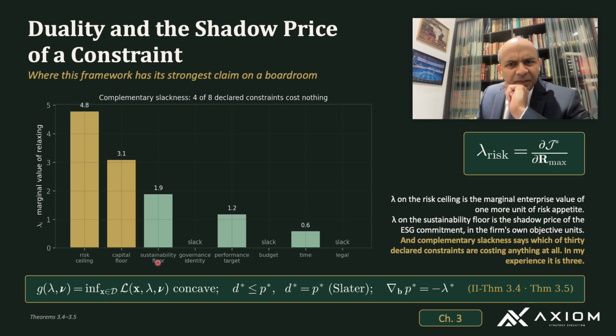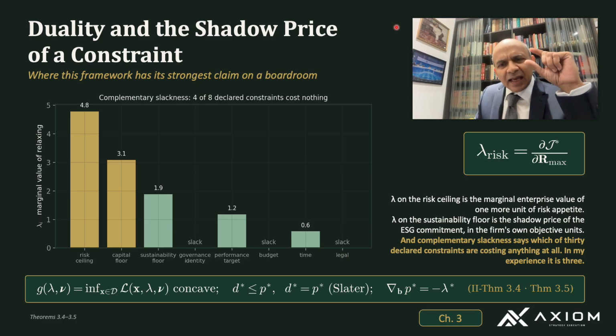Then you have sustainability, performance, and over here performance and time. These 3 also bind, but at lower marginal values. The constraints labeled slack here, governance, identity, and budget, and legal as well, have a lambda of 0, meaning relaxing them would add no value because they are not currently limiting the optimum.